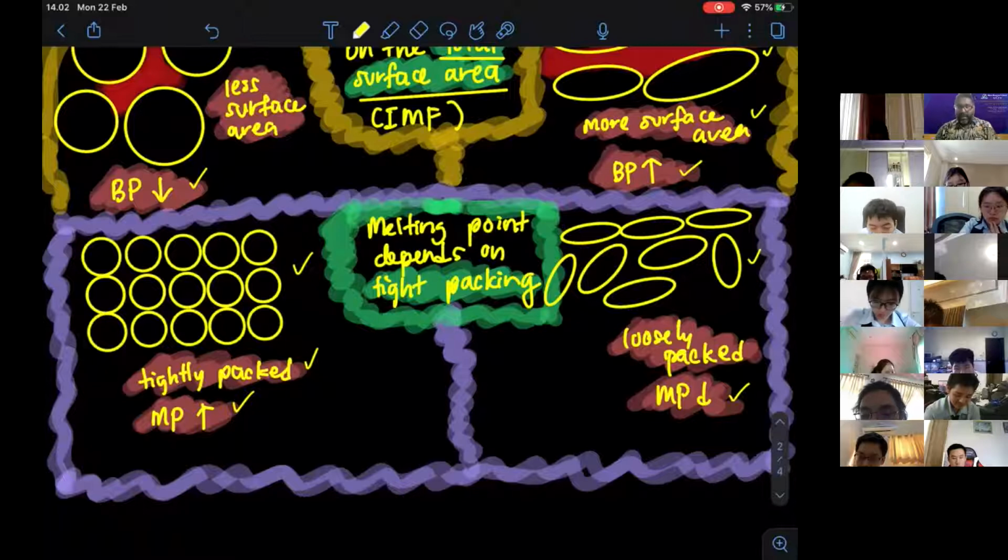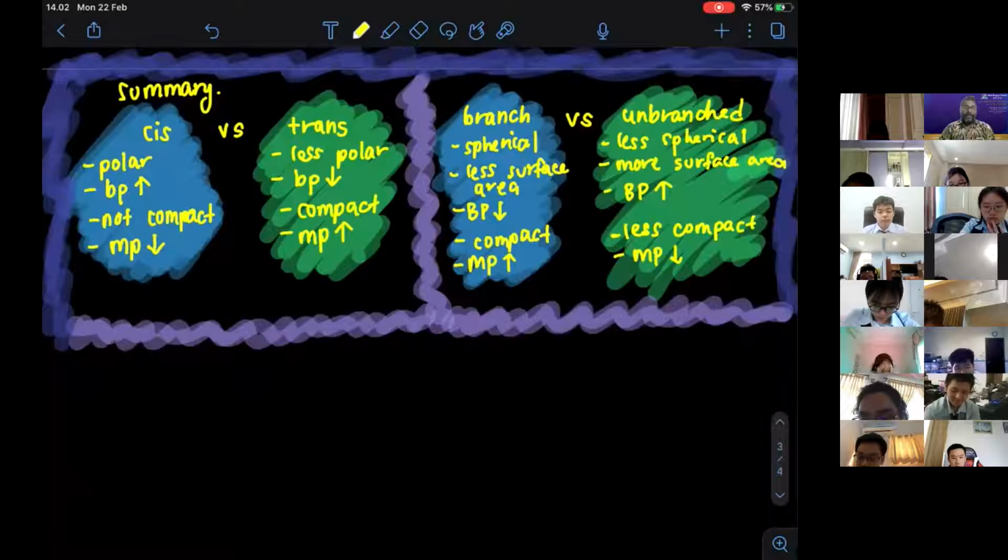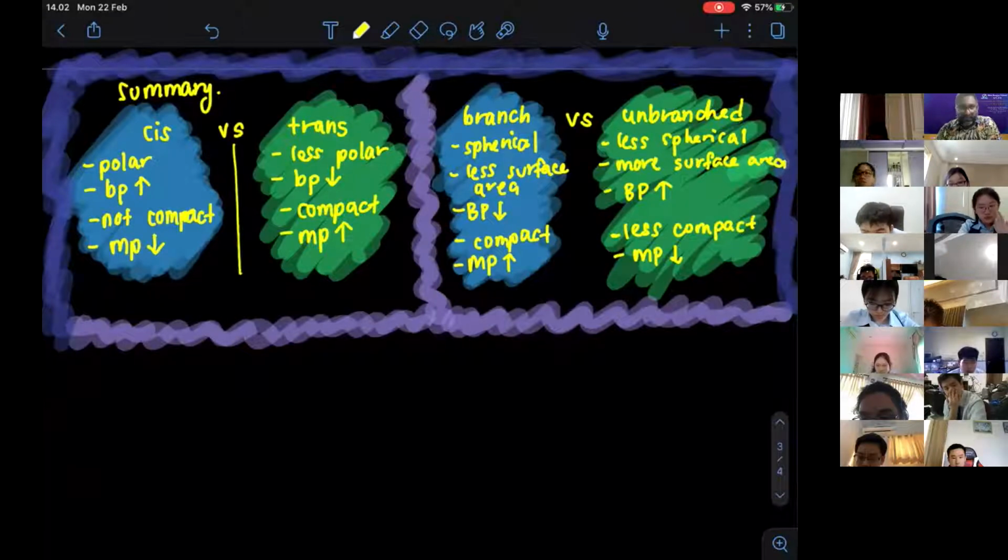So in summary, I have taught you about cis and trans. Cis will be slightly polar, because the dipoles are not cancelled, and therefore because the intermolecular forces are there, the boiling point is higher.